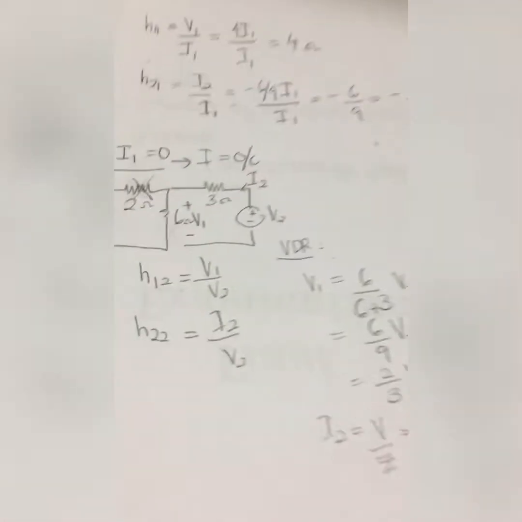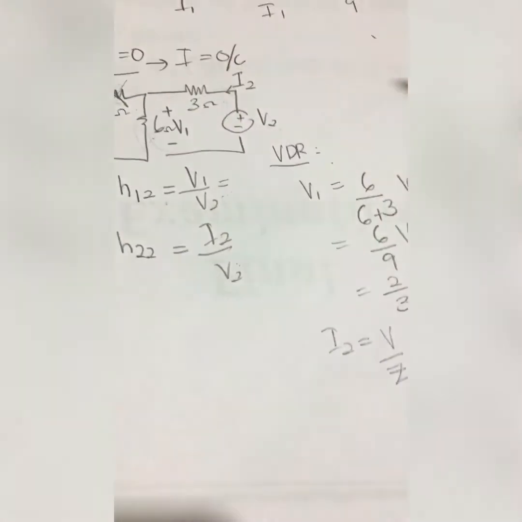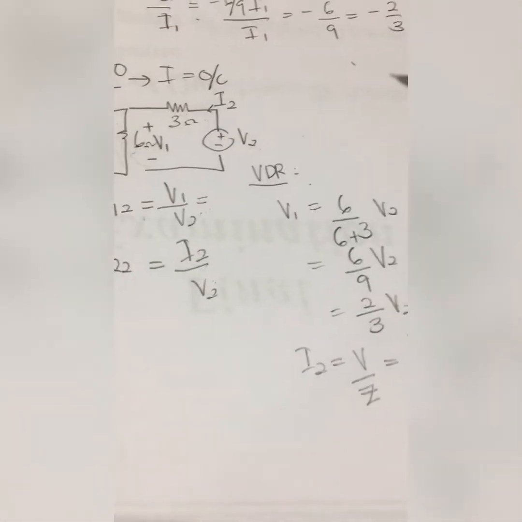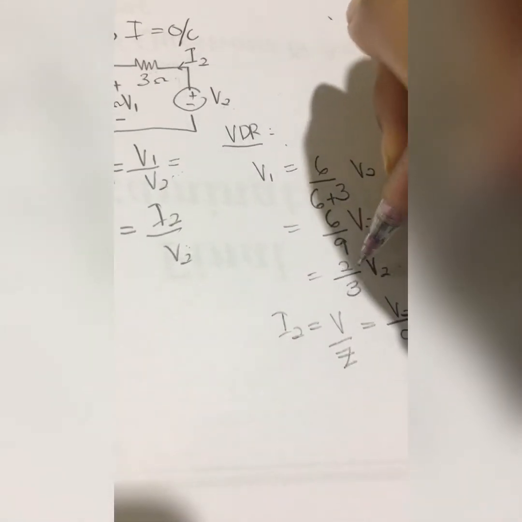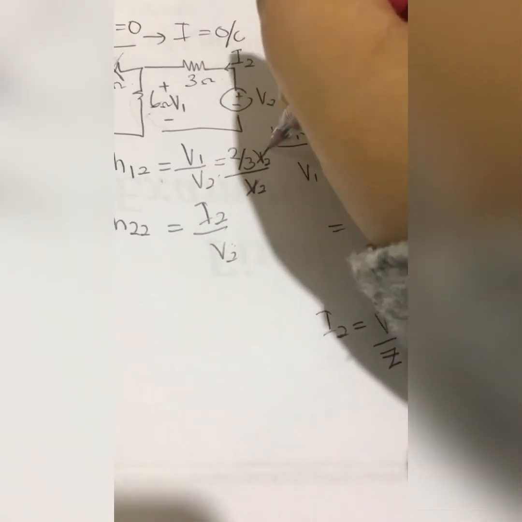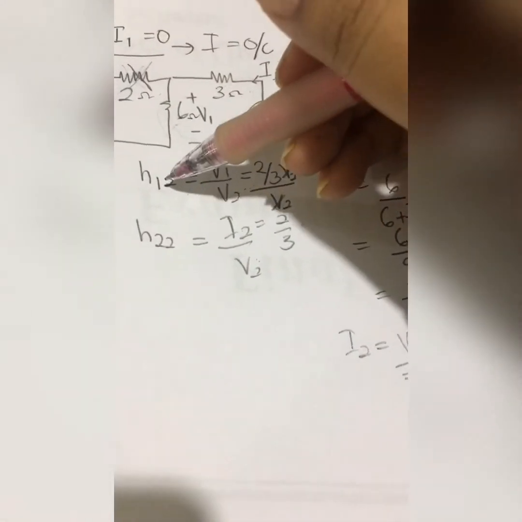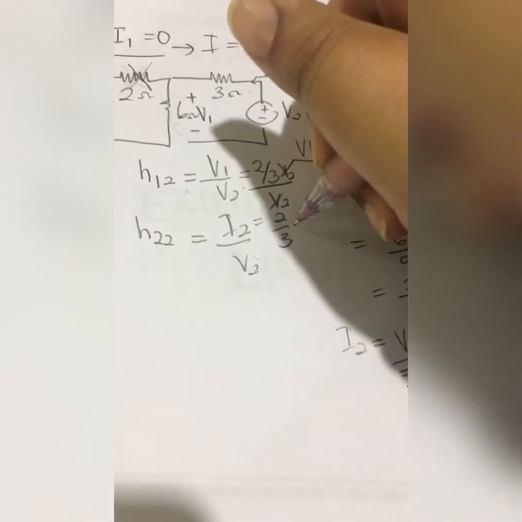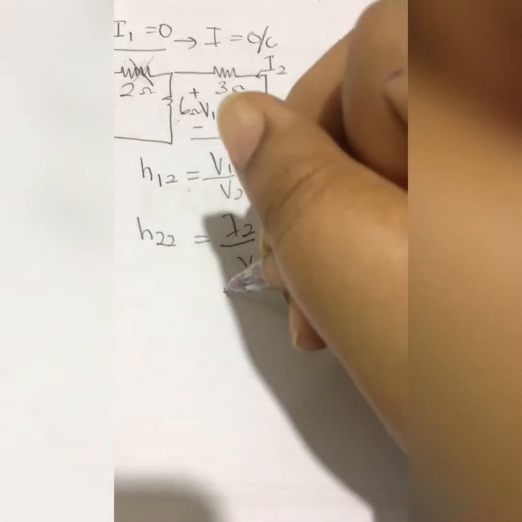So next, to calculate H12 equal to V1 divided by V2. So V1 is equal to 2 over 3 V2. So basically 2 over 3 V2 divided by V2. Then we get 2 over 3. So for H12 we don't have units here because it is voltage divided by voltage.